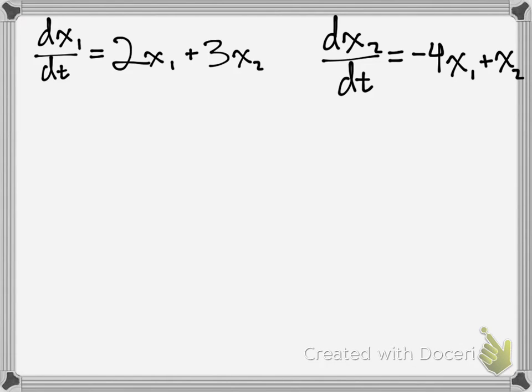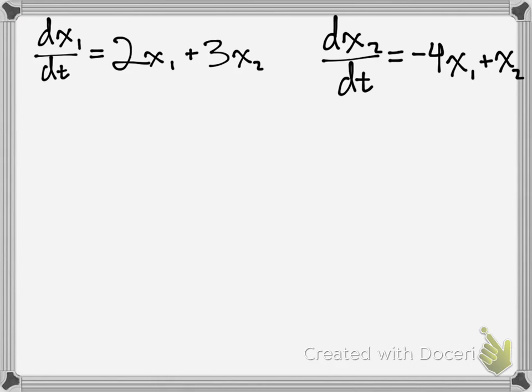Okay, so we're given this set here. These two represent slopes in different directions, and later you'll see that it's more like a direction field, a vector field, so every point has a slope, and this will help you calculate what the slope is. But right now we're just going to convert into matrix form.